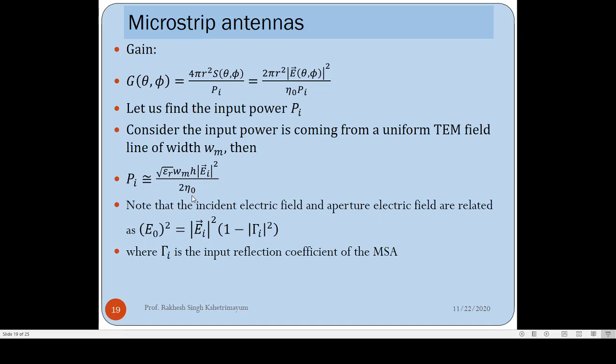Eta naught is the wave impedance, or intrinsic impedance, of free space. Epsilon r is the relative permittivity of the substrate we are using. Wm is the width of the microstrip line, h is the height of the substrate, and Ei is the incident electric field. So from Ei you can find out what Pi is.